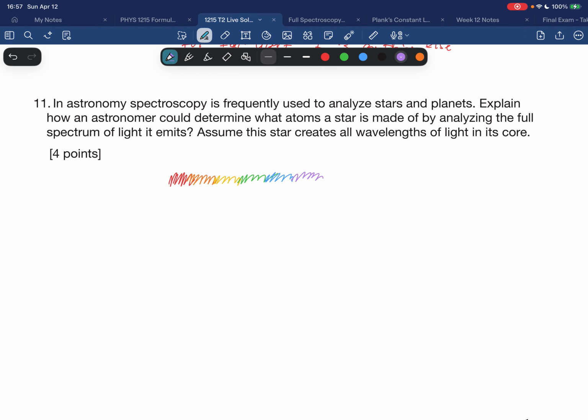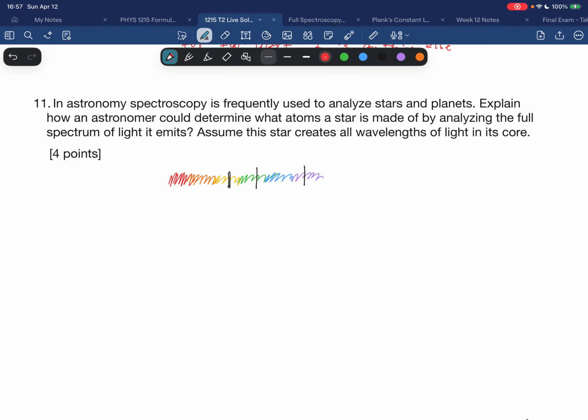However, if this star contains, let's keep using mercury as an example, we're going to have a violet line that's missing, a green one, and two yellow ones that are close together. They're going to be missing. You're not going to have any wavelengths there, because the mercury in the star would be absorbing that light instead.